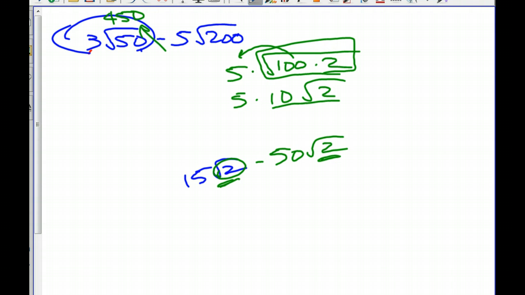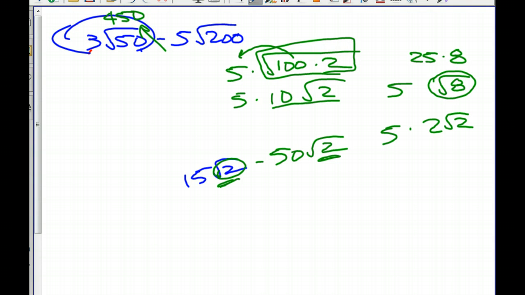All right, but I could also use 25 times 8 because I can take the square root of 25. But the problem is I can simplify both the 25 and the 8. So now what I've got is a 5 here and a square root of 8 here, but this breaks down to 4 times 2, and you can take the square root of 4.